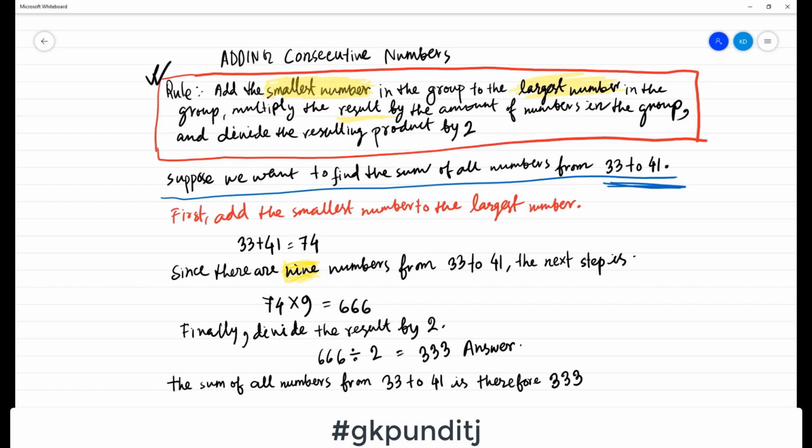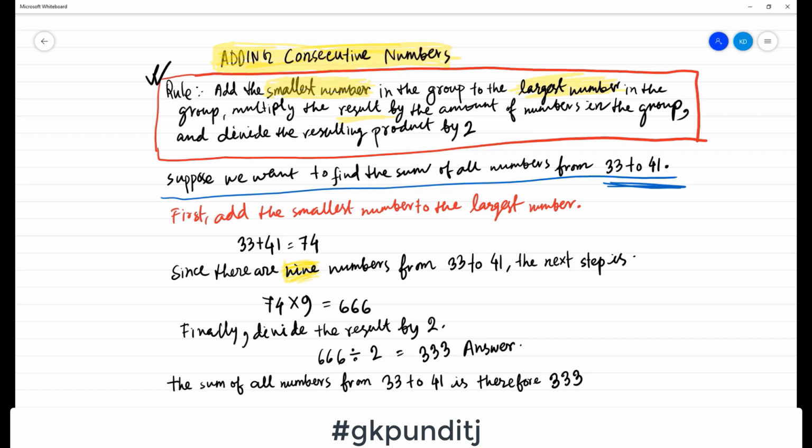You can take this with the help of a calculator and get the same answer. You can easily check with your calculator.